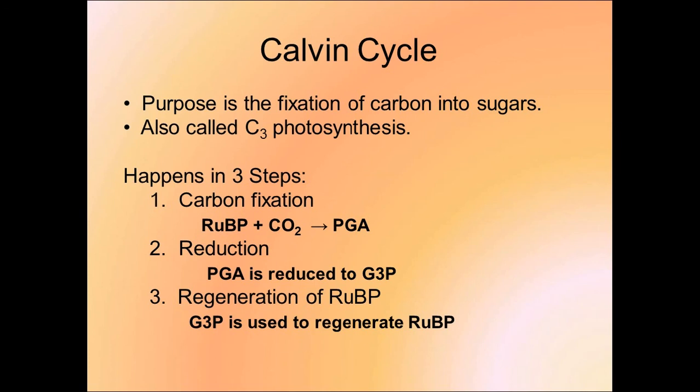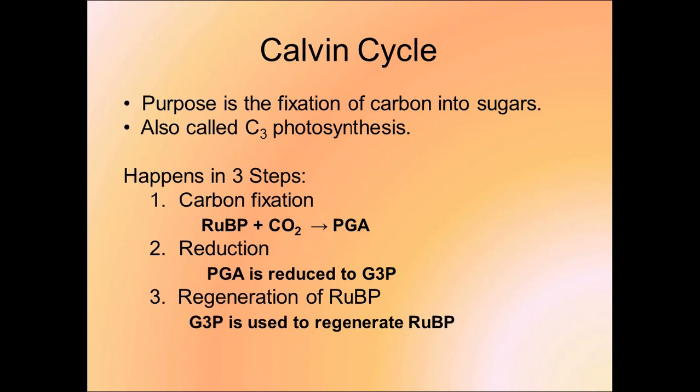In step number 3, those G3P molecules will be used in 2 different ways. Some will go to the regeneration of RUBP. Basically, we're going to break them back down into that original 5-carbon sugar to keep this process flowing.